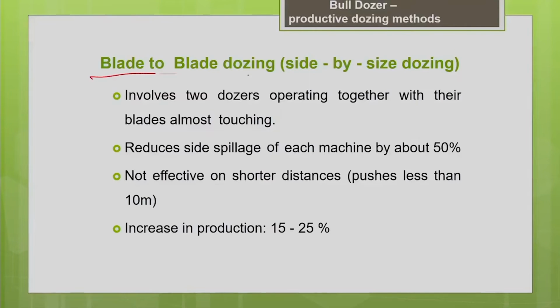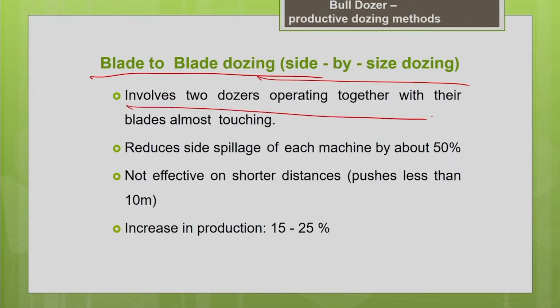This blade to blade dozing, also called side by side dozing, involves two dozers operating together with their blades almost touching. It reduces the side spillage between each machine by about 50%.